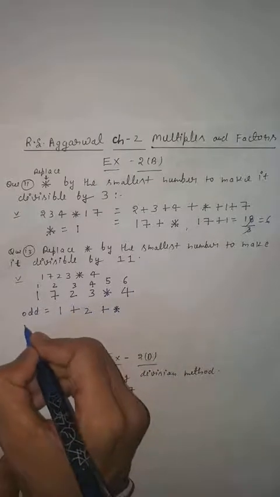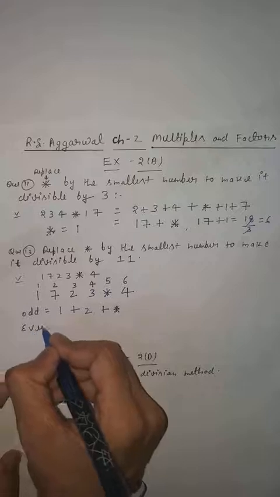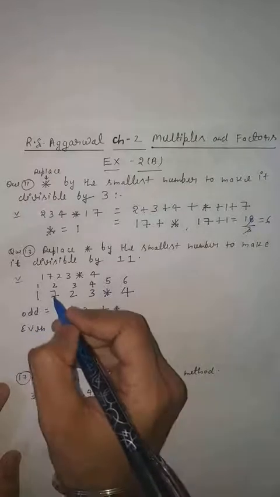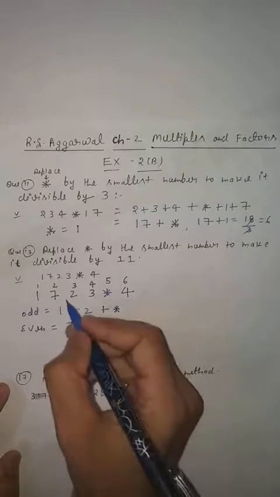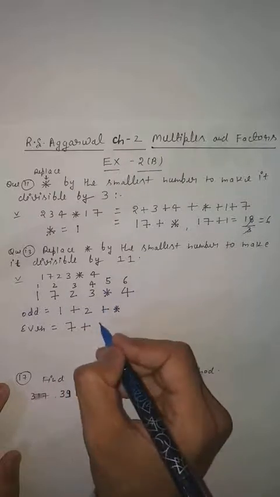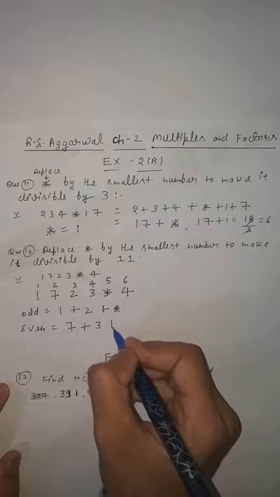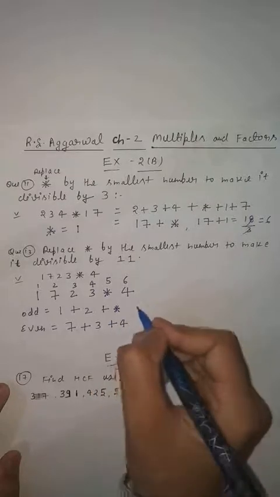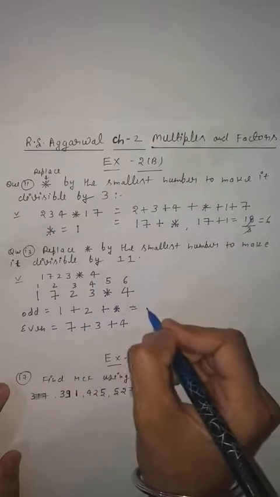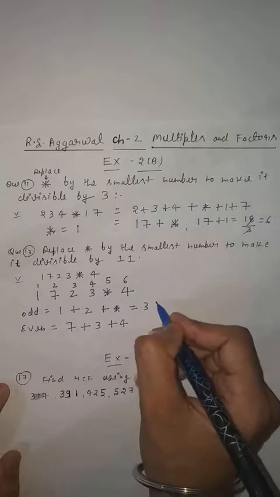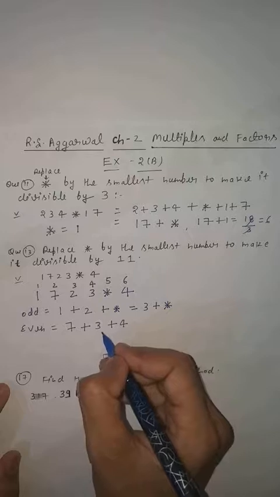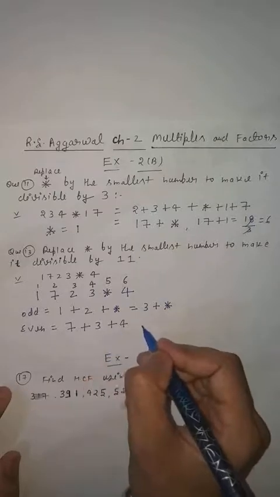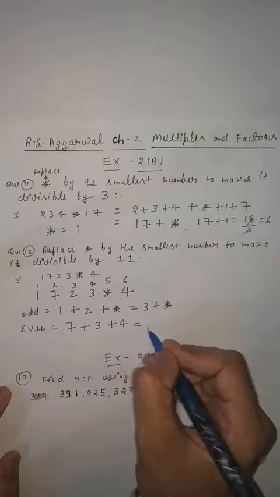Even you have to find out. Sum of even places: 7 plus 3 plus 4. Clear, students? Now find the sum. Odd: 2 plus 1 is 3 plus star. Even: 7 plus 3 is 10, 10 plus 4 is 14.